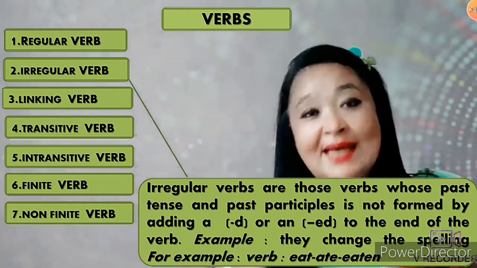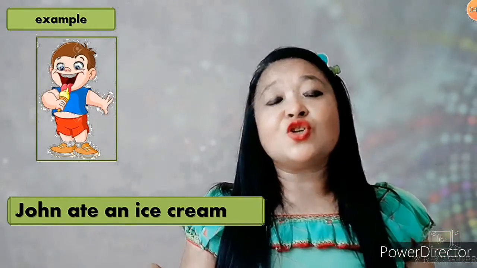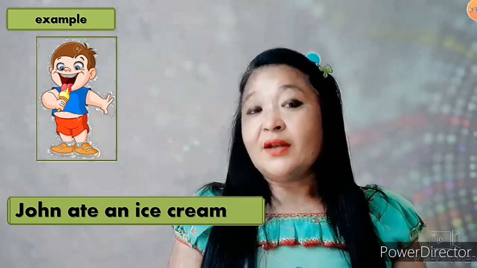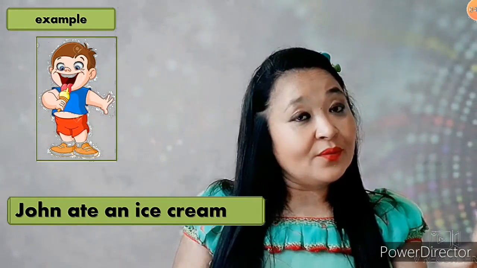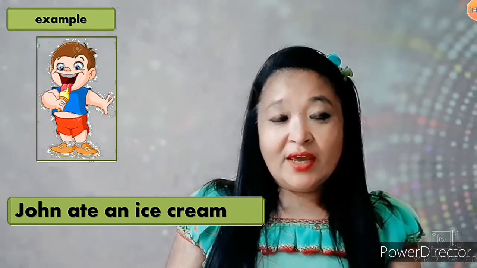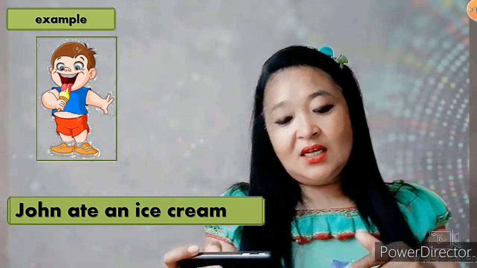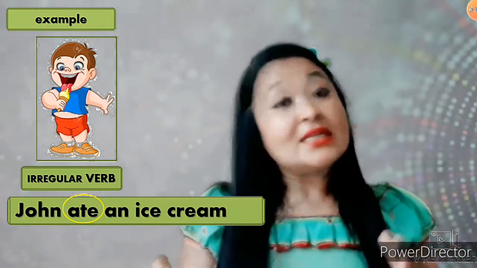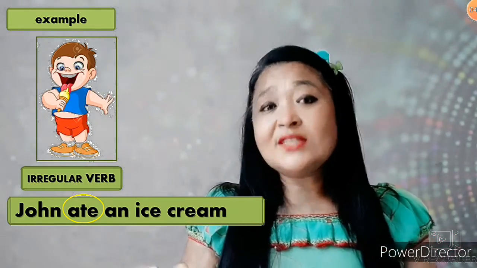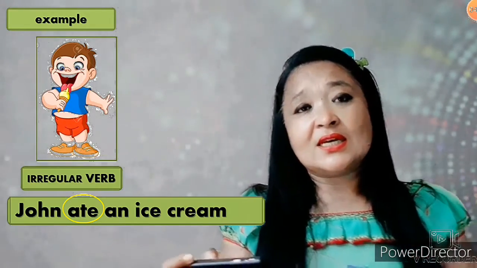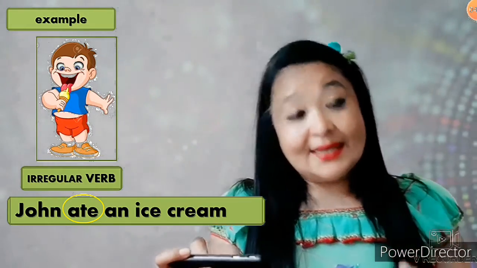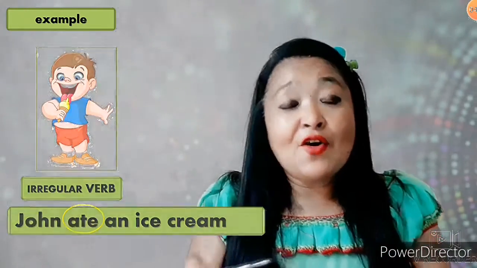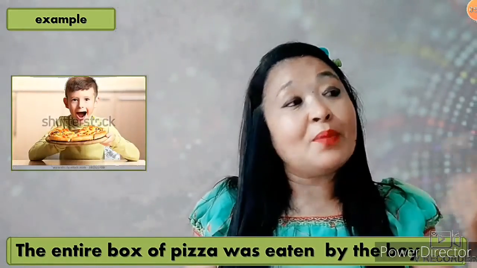Let's see examples of those verbs in sentences. First example: John ate an ice cream. The word ate is the past tense of the verb eat, isn't it? So ate is an irregular verb, which is not formed by adding d or ed. What is the participle of eat? Eaten, right? Let's take one more example: The entire box of pizza was eaten by the boy.